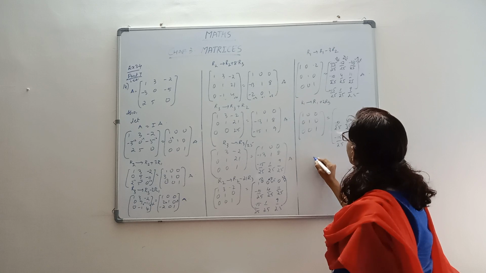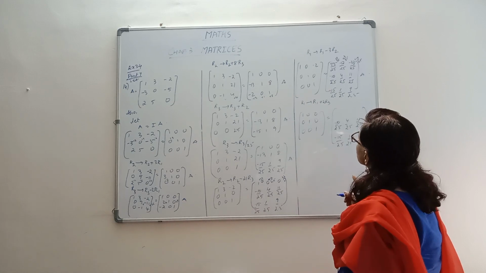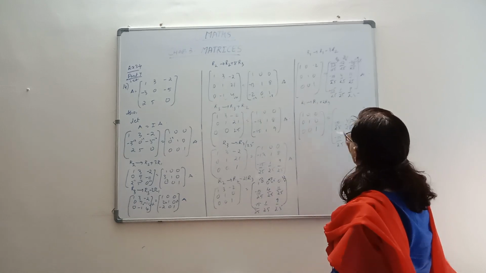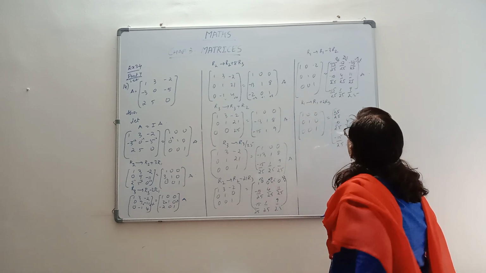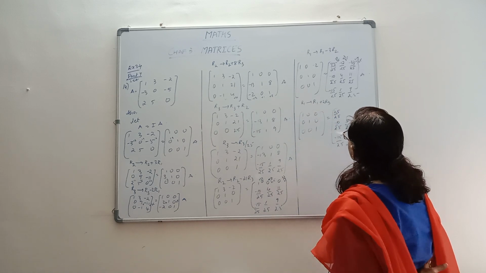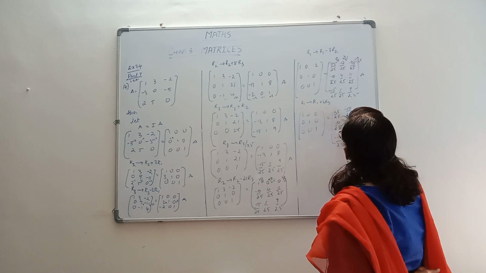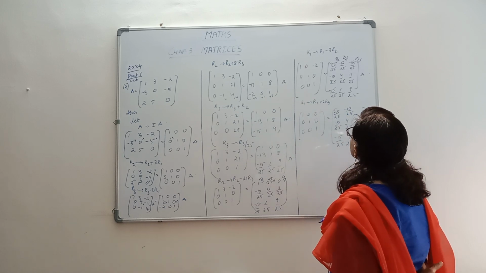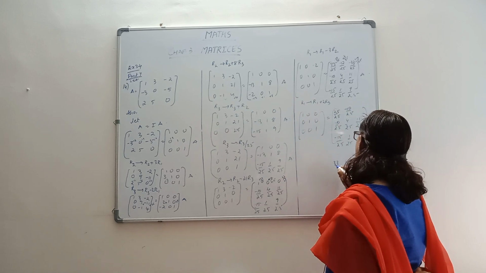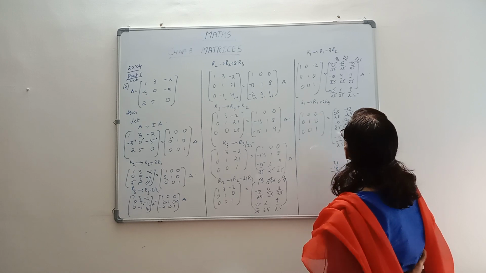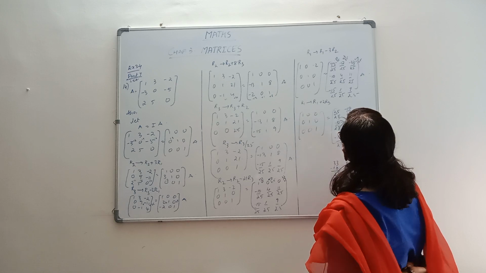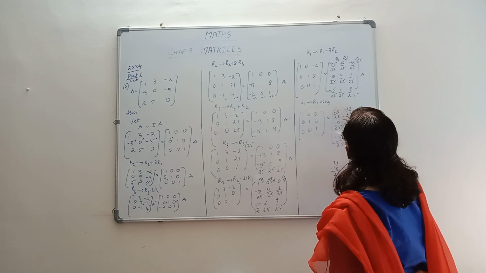So 55 minus 30 is 25 by 25, which is 1. Then minus 12 plus 2, so that's minus 10. Minus 33 plus 18, so minus 15.